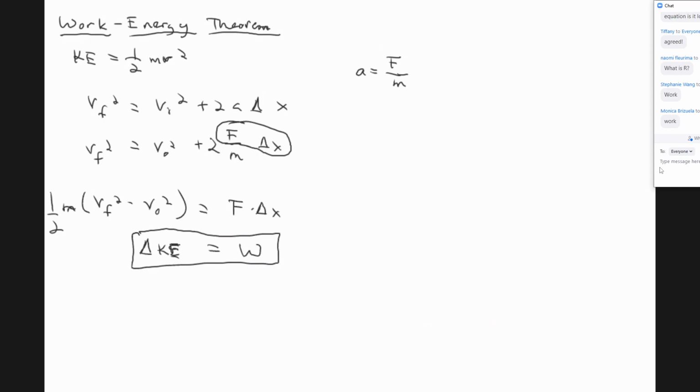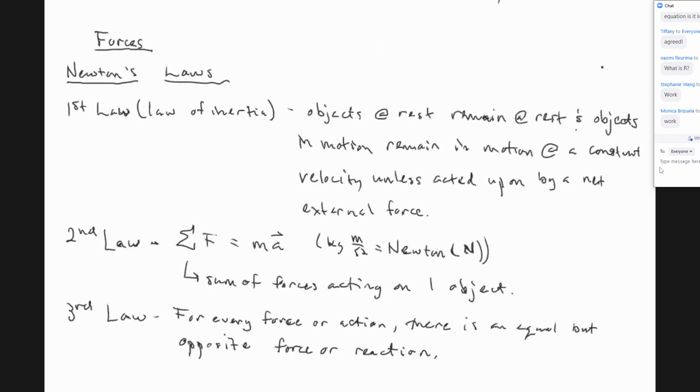Okay, last thing that we need to discuss, and I'll give you one problem and then we'll be done. Let's get rid of this. Newton's laws, we don't need these in terms of going back. So let's look at the last thing we need to look at. It's just the law of conservation of energy.